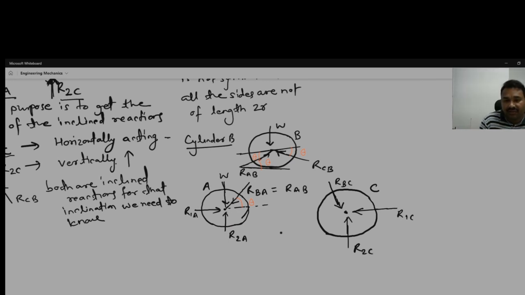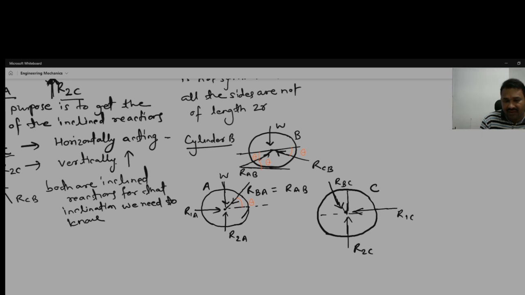So what we have to know, this angle. Okay, so this angle will be also with the vertical, or this one better to extend it.